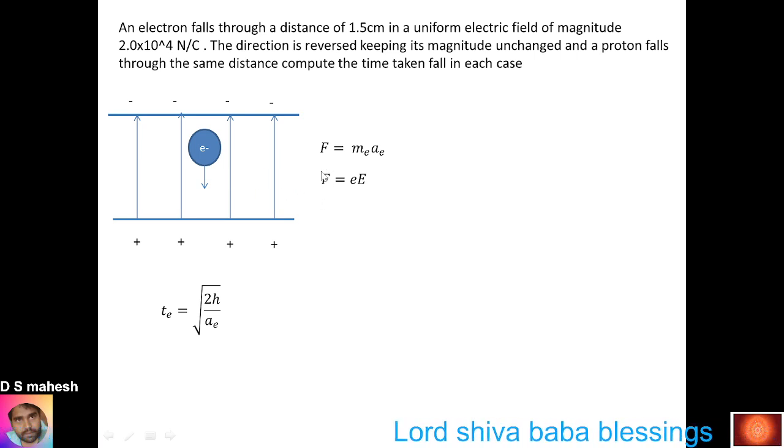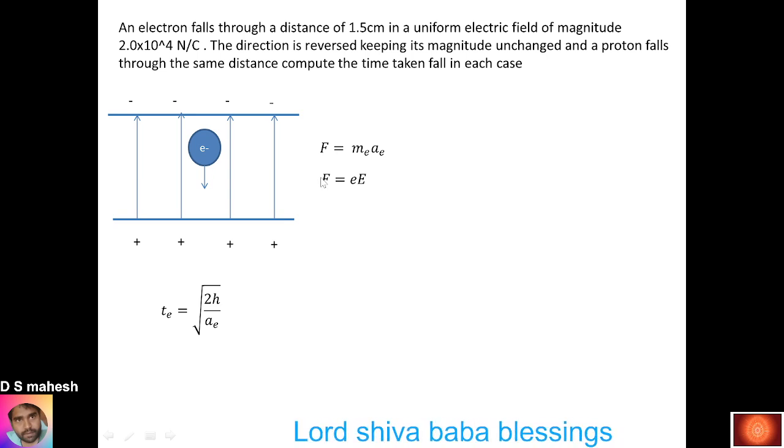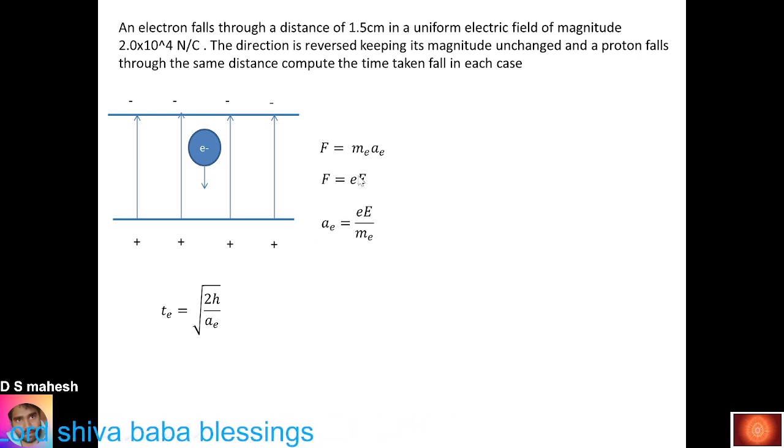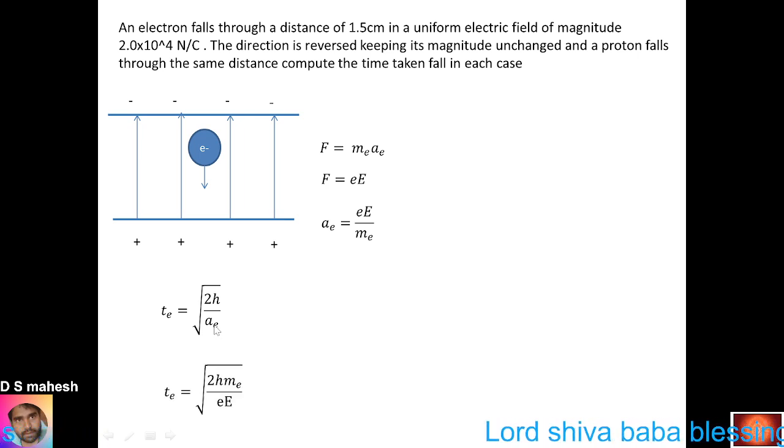We can equate these two since both of them are forces. By equating them, we get the acceleration: acceleration of electron is equal to e into capital E, the electric field, divided by the mass of the electron. So substitute that over here. This is your equation.